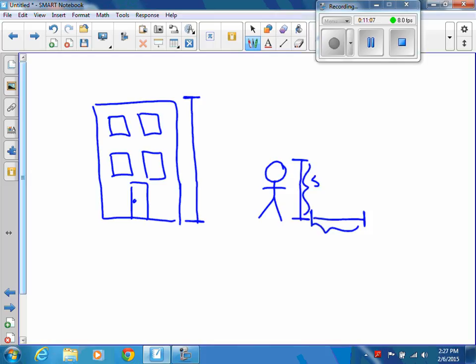Let's say that I'm 5'8", and maybe my shadow was 2'3", and I know the shadow of the building was a certain length. Maybe we'll make this 5 feet 10 inches. Then I could figure out the height of the building, because I could set up the proportion.